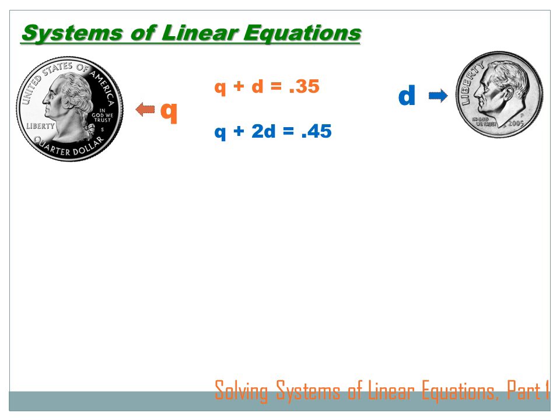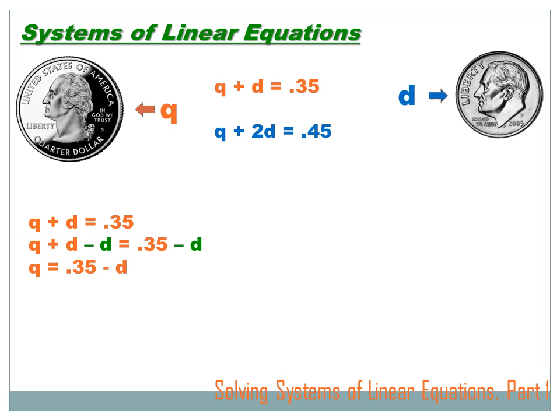Well, anybody who could fly from another planet to the Earth has come from a society whose math has evolved probably well beyond ours, and you didn't have any trouble with this problem. And I'll show you how you did it. First thing you said was, well, I've got two equations here. It's a system of linear equations, and the first equation is Q plus D equals 0.35.